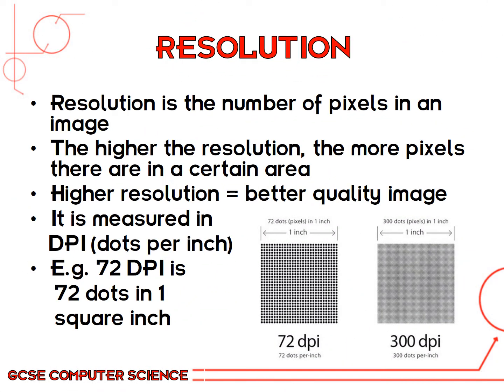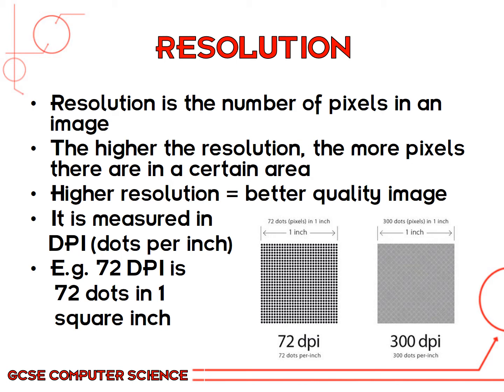The word resolution, related to computer science, is the number of pixels in an image. The higher the resolution, the more pixels that are in a certain area, and the better quality the image is. Resolution is measured in dots per inch. For example, 72 dpi is 72 dots in 1 square inch.